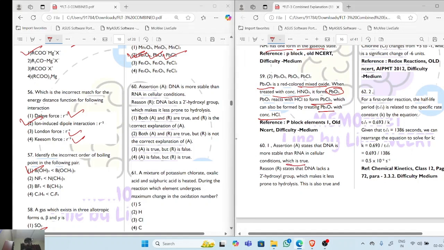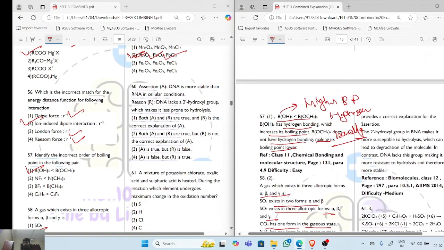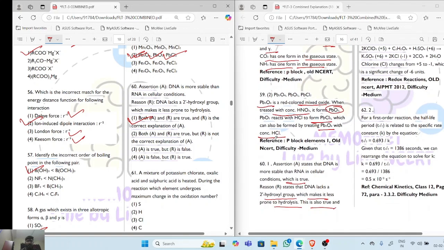The reason is also true, and it provides a correct explanation for the assertion. The 2' hydroxyl group in RNA makes it more susceptible to hydrolysis, which can lead to degradation of the molecule. In contrast, DNA lacks this group, making it more resistant to hydrolysis and therefore more stable. So the correct answer is option number 1: both assertion and reason are correct, and the reason is the correct explanation of the assertion.